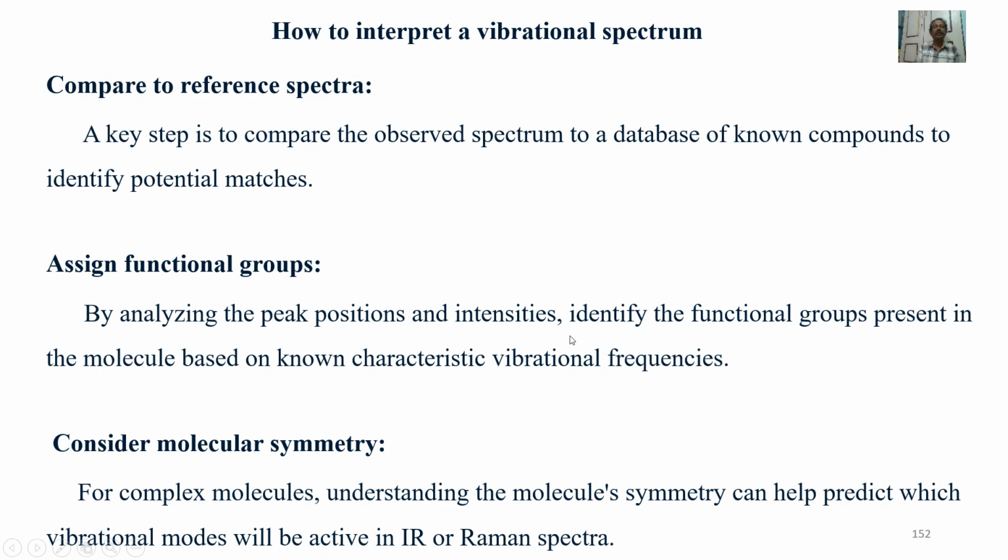How to interpret a vibrational spectrum? One can compare with reference spectra. A key step is to compare the observed spectrum to a database of known compounds to identify potential matches. Assign functional groups: by analyzing the peak positions and intensities, identify the functional groups present in the molecule based on known characteristic vibrational frequencies.